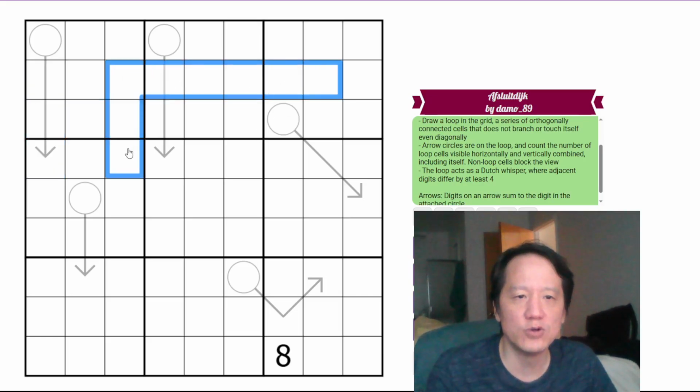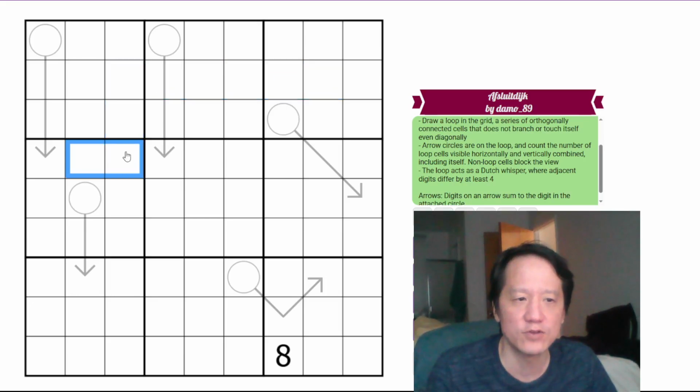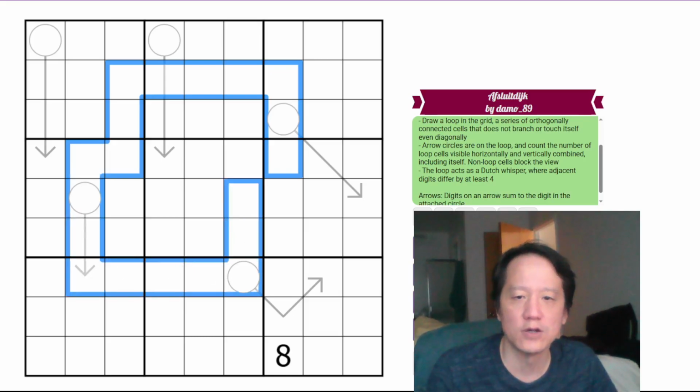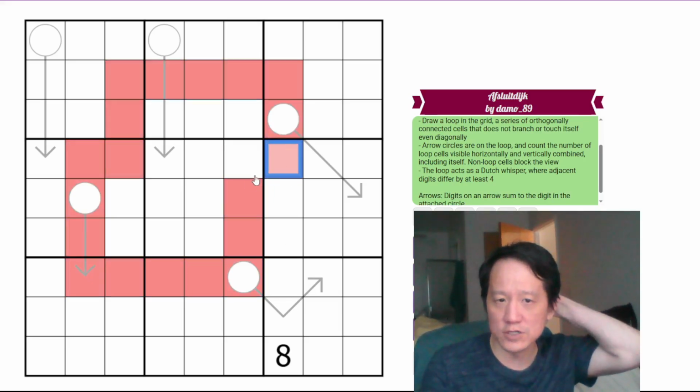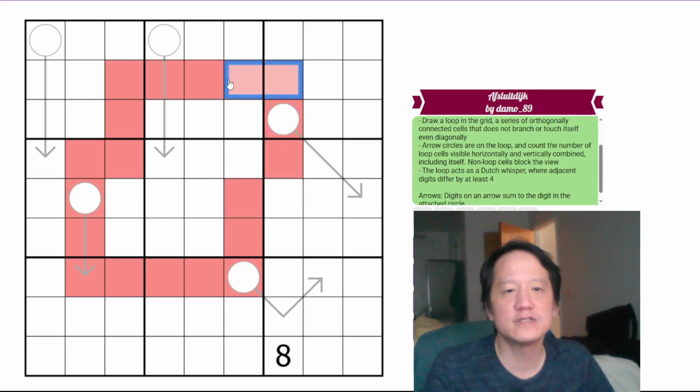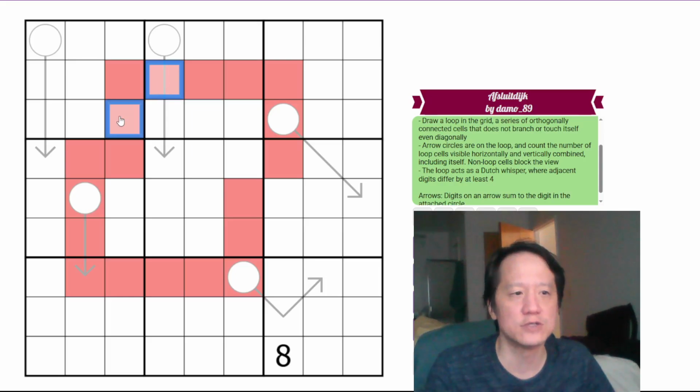Orthogonally connected cells means that they have to share an edge. This would not be a valid loop here, because for a loop to actually work, every cell on the loop has to share an edge with two and only two other cells on the loop.